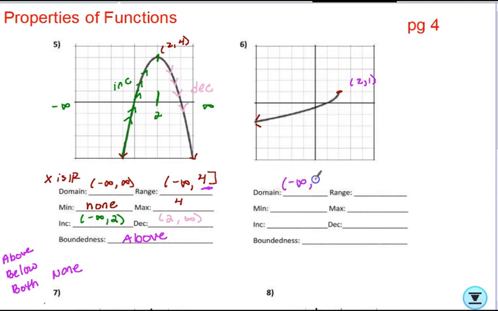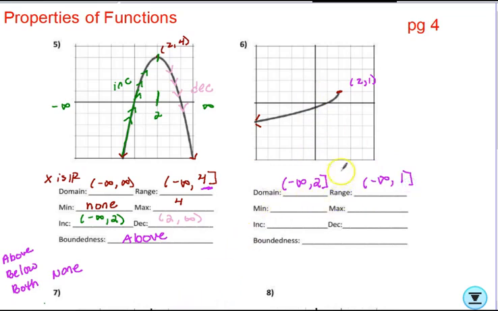So negative infinity to 2, but including 2. And the range, since this is going to continue down, if I start at the smallest number, negative infinity, and then we stop at 1.